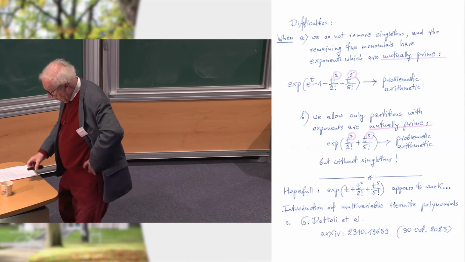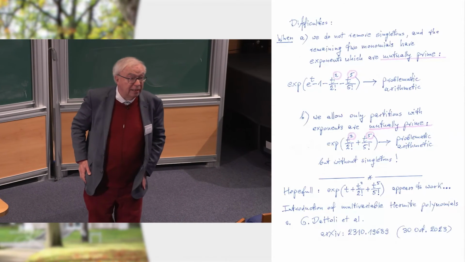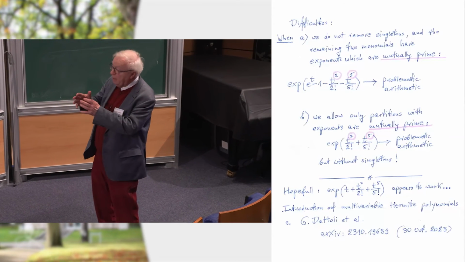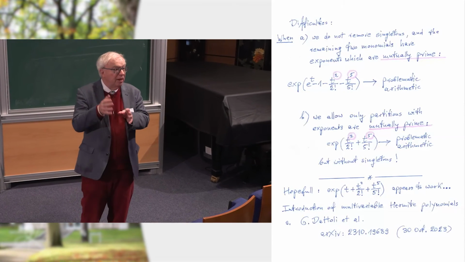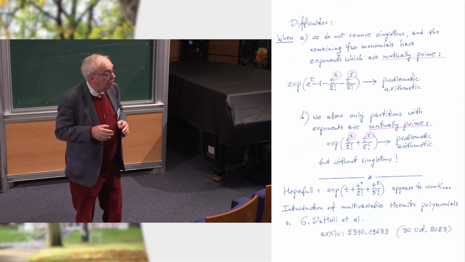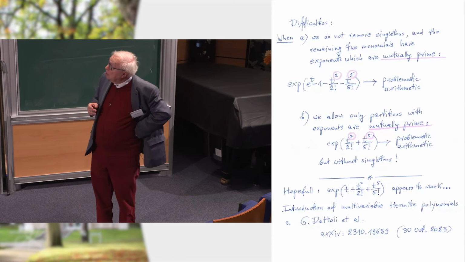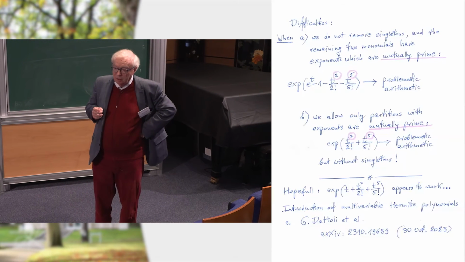problem. So it seemed at the first sight that, okay, by complicating the thing, we will finally arrive at a general formula. And in fact, this is not so simple.